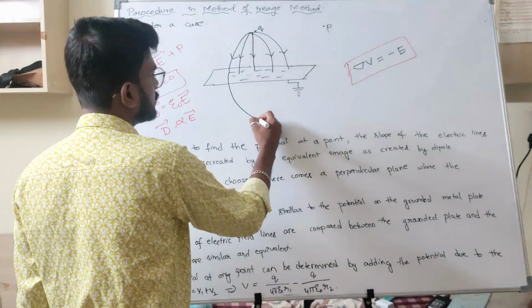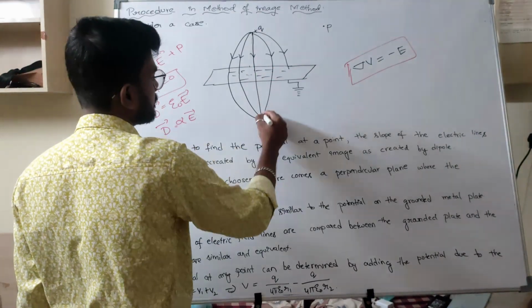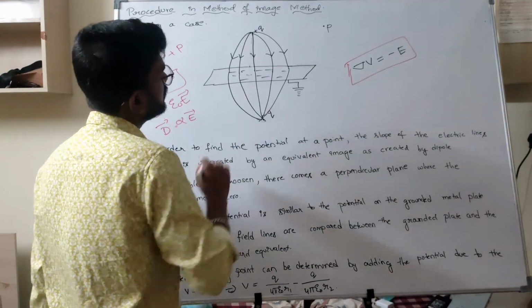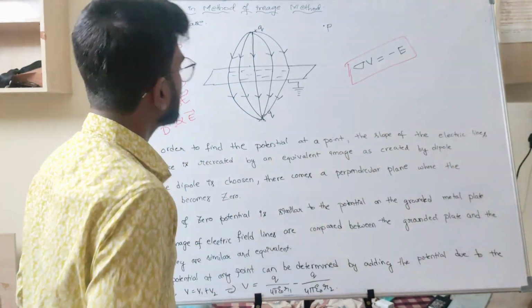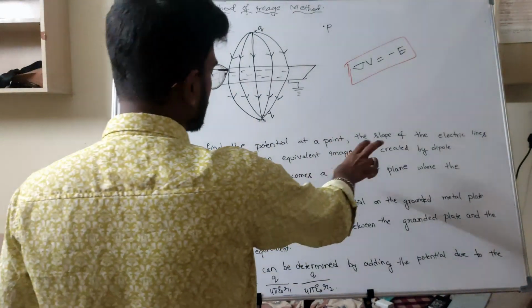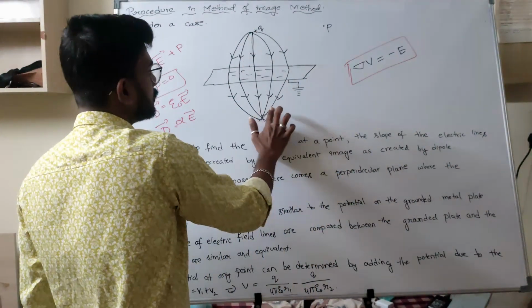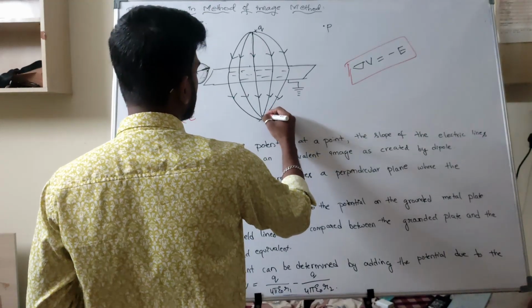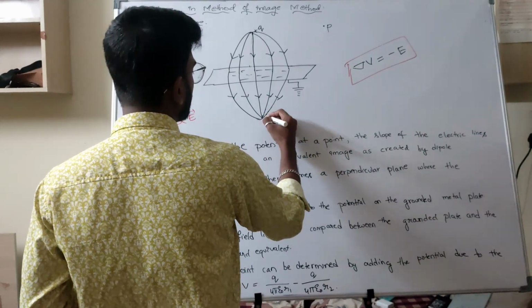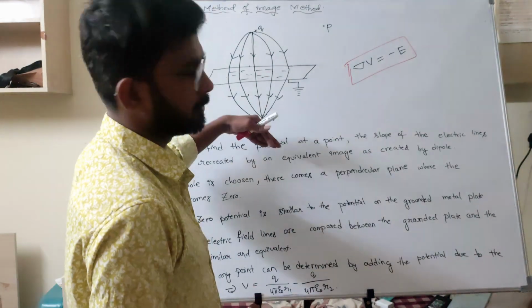After joining this we will get it like this. So these are the directions of electric lines of forces. That was told by this statement, created by the dipole. What is meant by a dipole? If two charges, plus Q and minus Q, are separated by a small distance d, then there is a formation of a dipole.